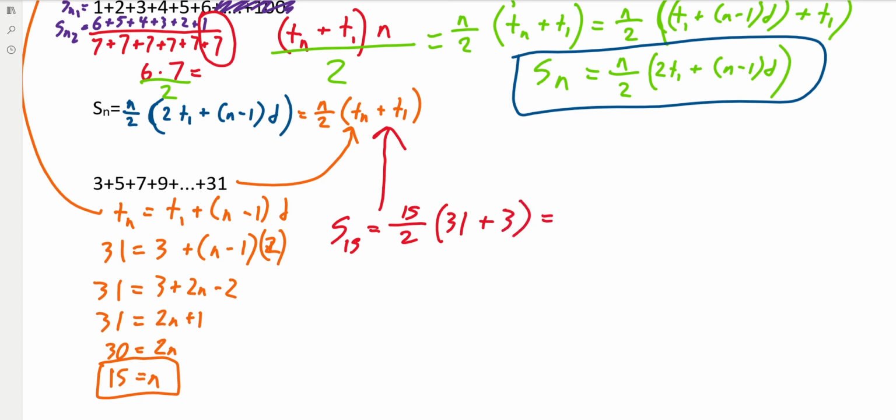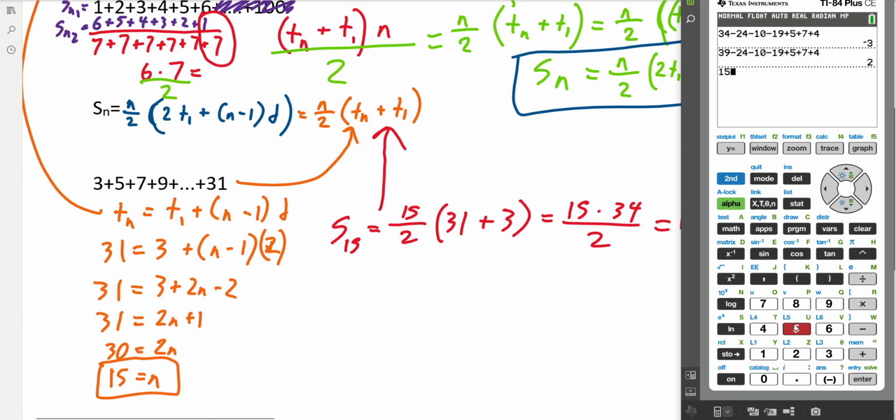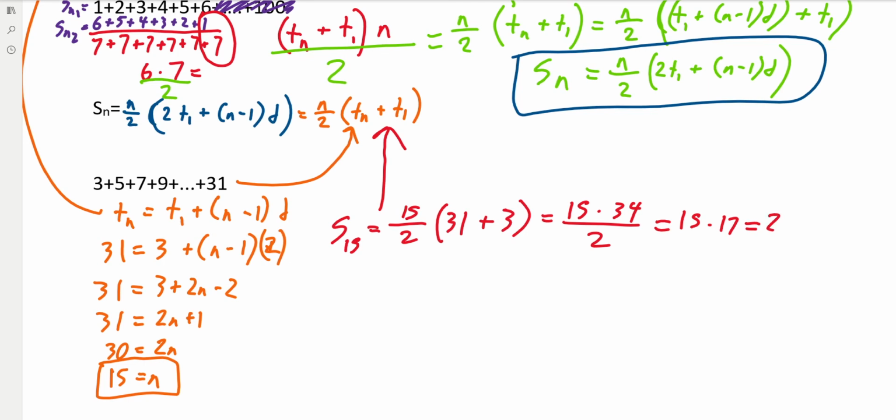So now let's try simplifying that. 15 times 34 over 2. 34 divided by 2 is 17. So 15 times 17 is 255. So the sum of this series is 255.